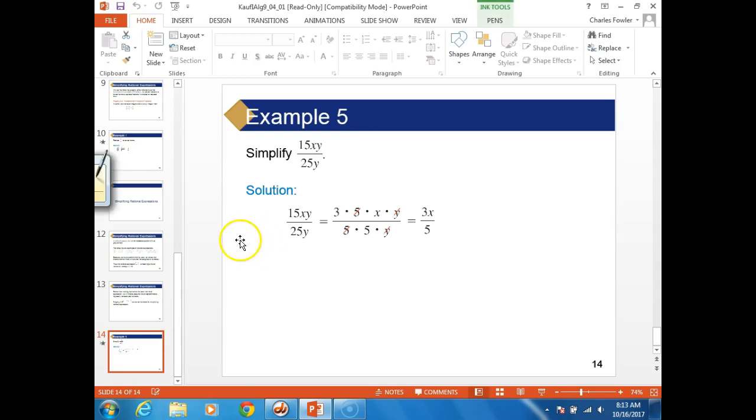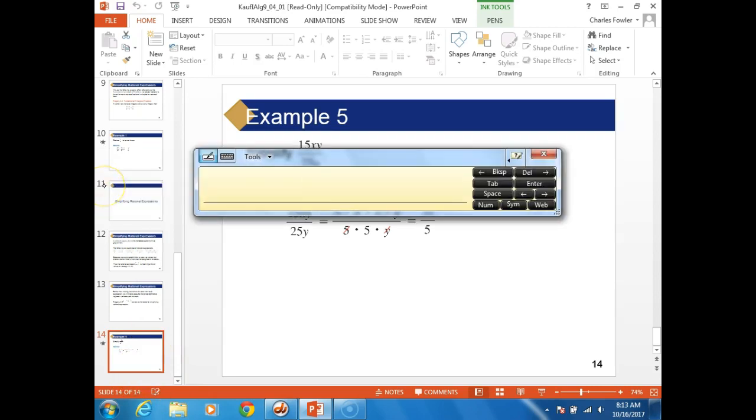So let's see, my pen's not activated. And I'm not seeing where we can activate it. Is it here?